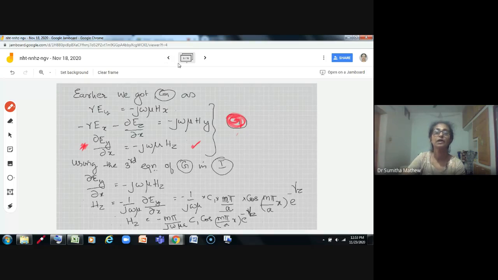Okay, there was another set of equations along with this. I think I should have written it here. So I will write those equations. Along with them, you have the H components also. I forgot to write it here.